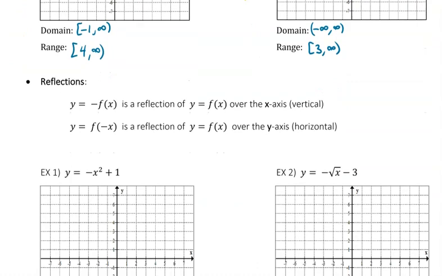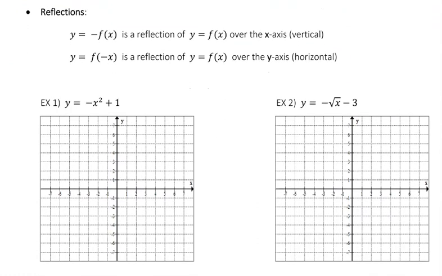Okay, so moving on to reflections, which is going to be our last transformation. So keep in mind that so far, everything that we've done, it mattered whether it was inside the function or outside the function. Reflections are going to be no different.